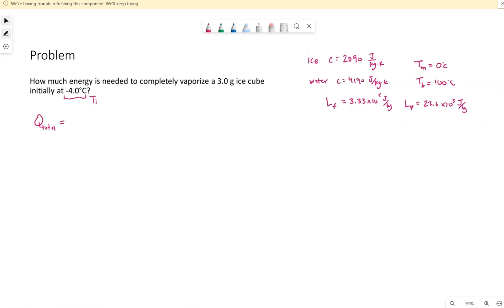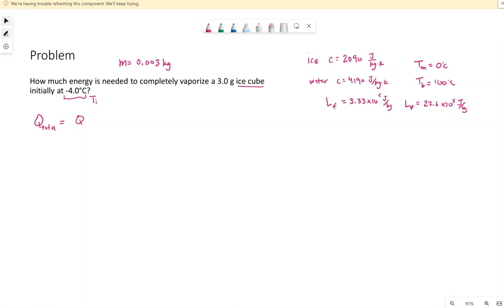So we have this initial temperature, we have an ice cube, so we're in this solid phase. We have the mass, which we will want to be in kilograms, because the units on our C and our L's are in joules per kilogram, or joules per kilogram Kelvin.